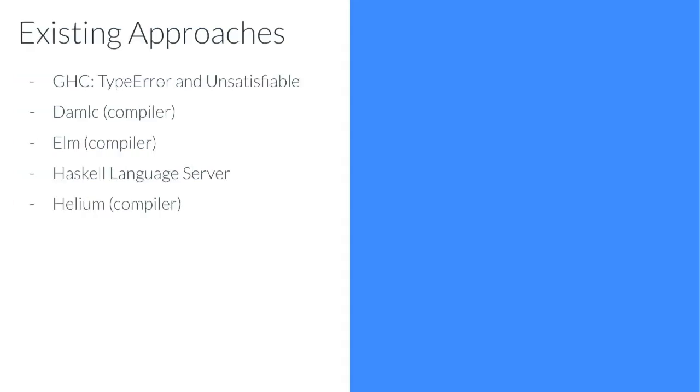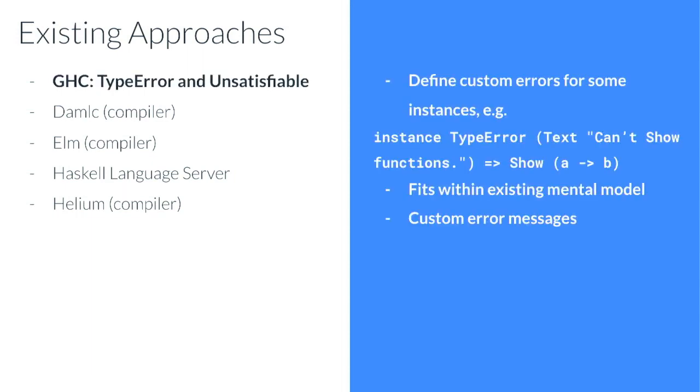So, right, how do existing approaches apply to this? If you want to tackle these sorts of goals and issues, what can you use in terms of existing approaches? Well, you've got TypeError and Unsatisfiable, which Simon really helpfully pointed out. The whole time I was listening to Simon's talk, I was thinking, well, great, he's just preempting everything I'm saying. But, alas.